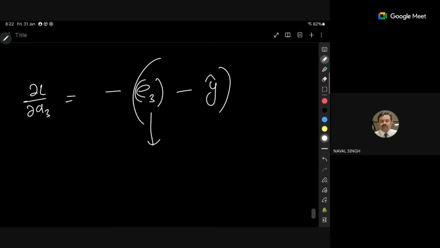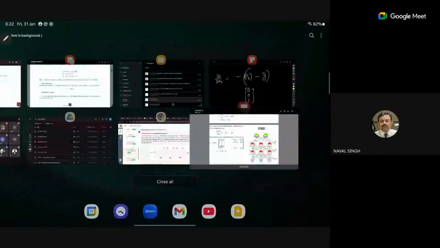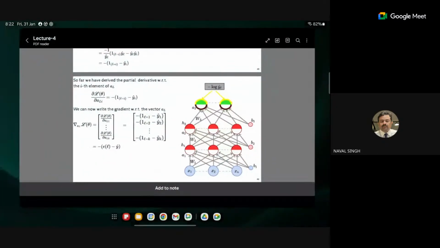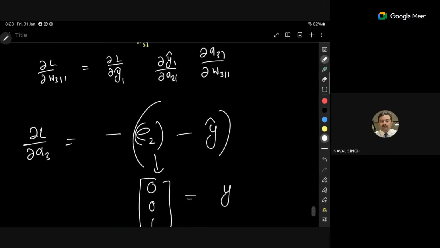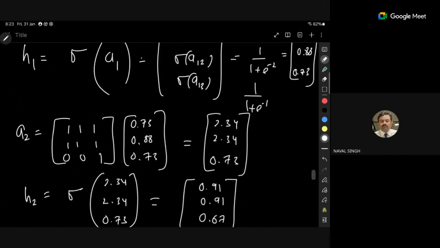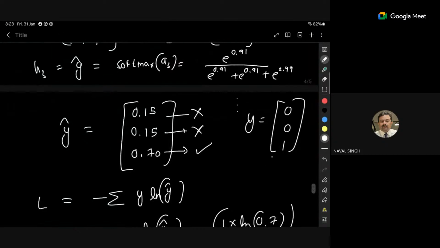Now, if I write E3, how does it look like? 0, 0, 1, right? That's what, I think, they use. If you start indexing from 0, then it should be E2. But you got it, right? So this is the way we can write E2, and you will get that this is actually the y itself, right? So if we look at the y, this is y, right? 0, 0, 1.